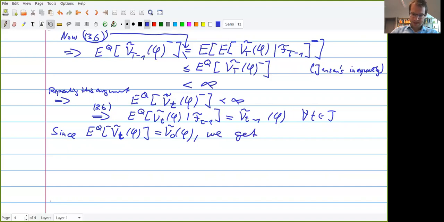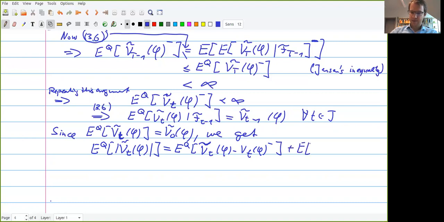So what do we get if we want to show that the discounted value process with respect to phi is integrable? Well, now we decompose the absolute value into the positive part. So that's the positive part. We subtract the negative part here. And then we have to add the negative part again.